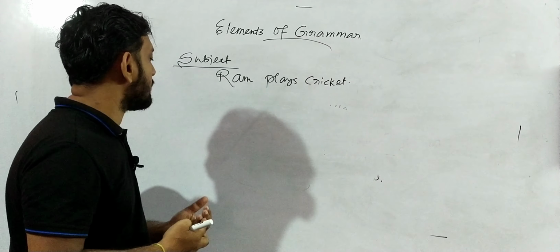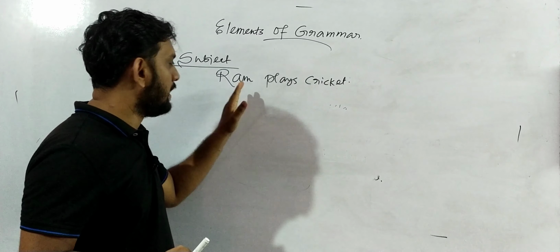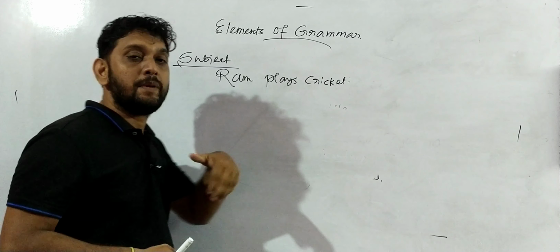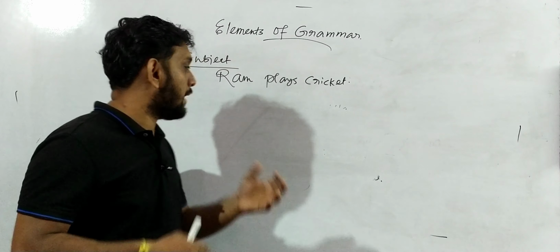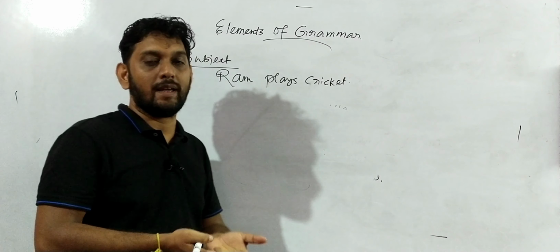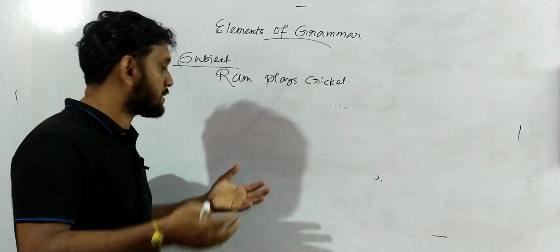So what is called subject? Subject means, my friend, the person, or it might be any object. That means in a sentence, what we are talking about is called the subject of this sentence.